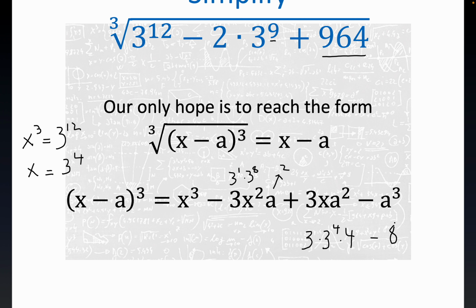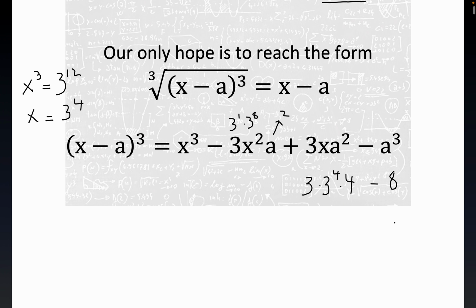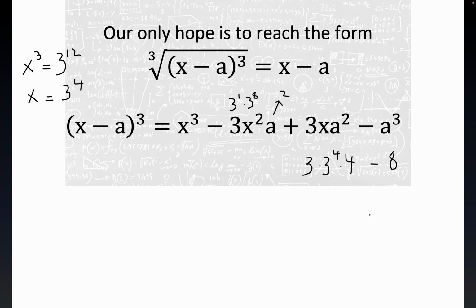Like that, right? Okay, and so if you try to simplify this, let's see, what do we get? 3 to the 5th times 4 minus 8. Now what is this? 3 to the 4th is 81. 3 to the 5th is 243.